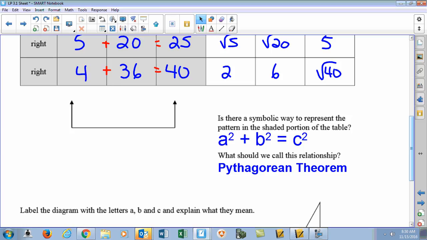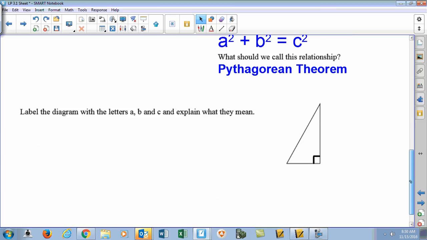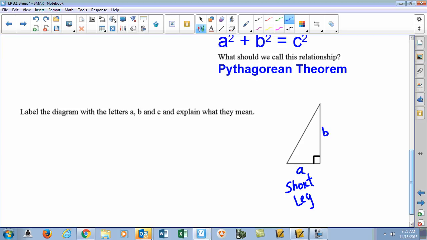And then again, we use this in a right triangle. So this is our right triangle. The smallest side is A. A is the shortest leg. The other side that makes up the right angle is the medium-sized leg. Or because there's only 2 legs, this is the longest leg.